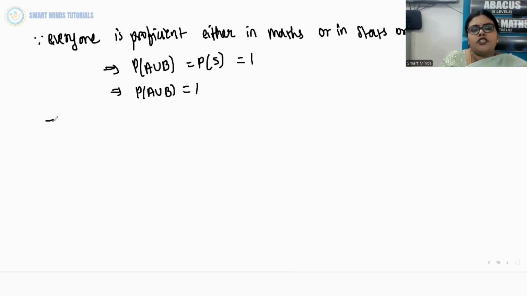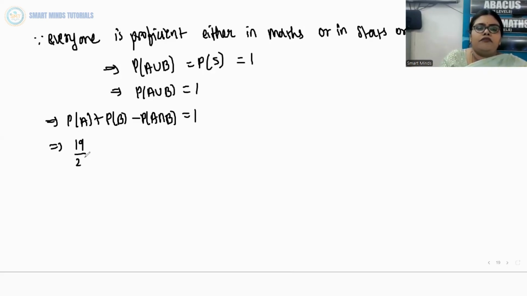Now we use the addition theorem here. How can you write P of A union B? P of A plus P of B minus P of A intersection B is 1. Now P of A is 19 by 25, P of B is 16 by 25, minus P of A intersection B. Can I write 1 as 25 by 25? To make the simplification easier, I'm writing 1 as 25 by 25.